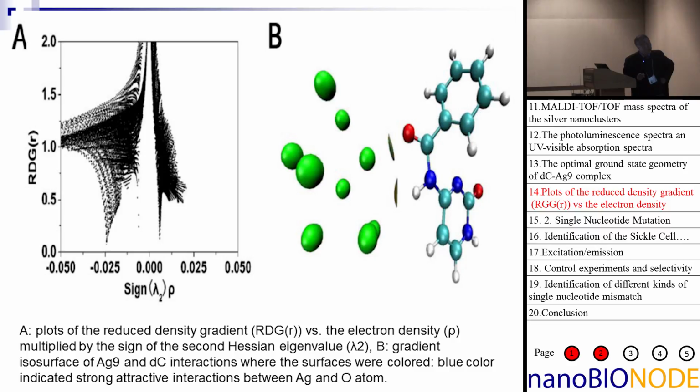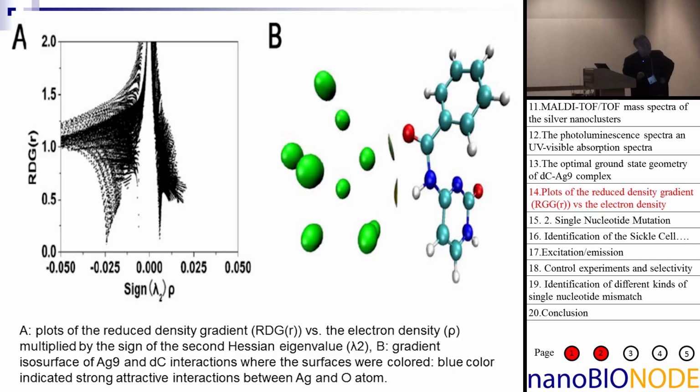By calculation, we get the value here is 0.025. As we know, if less than this value, it's a hydrogen bond. Less than this, just here, this is a van der Waals force, van der Waals bond.